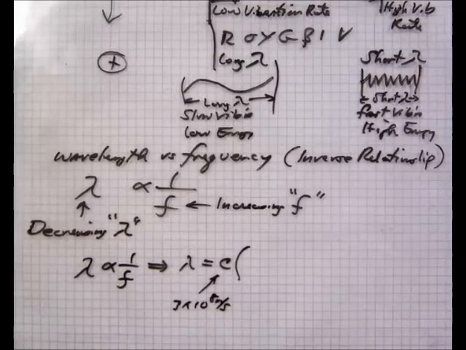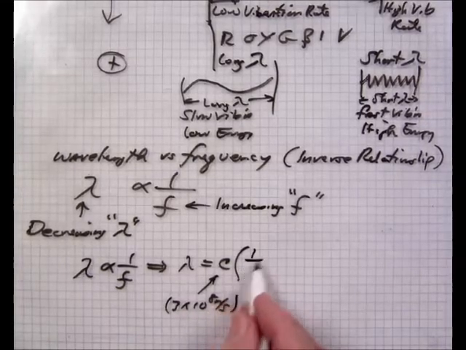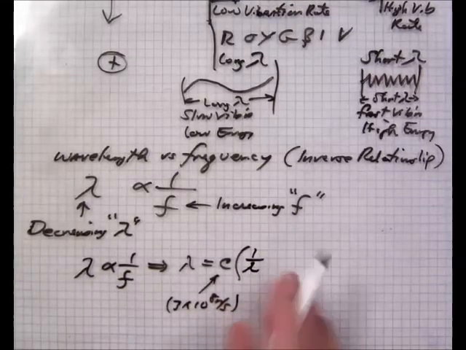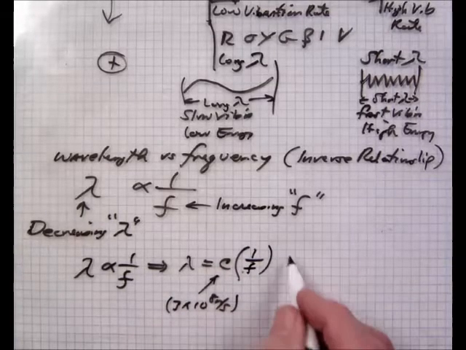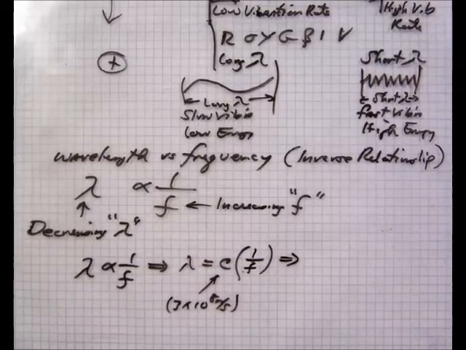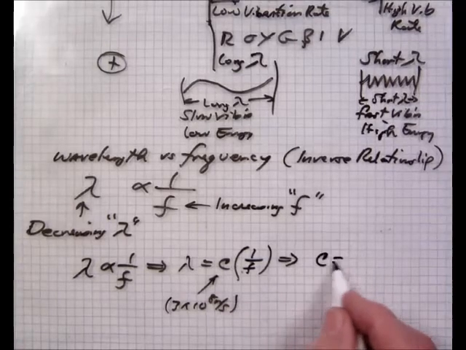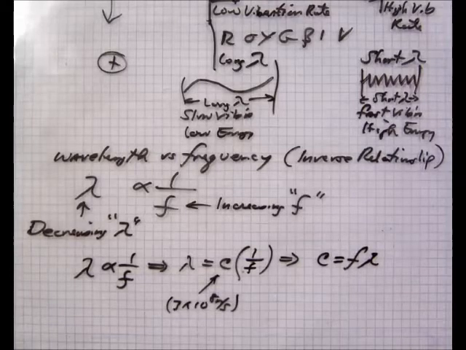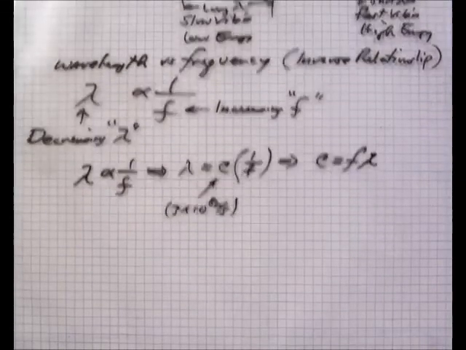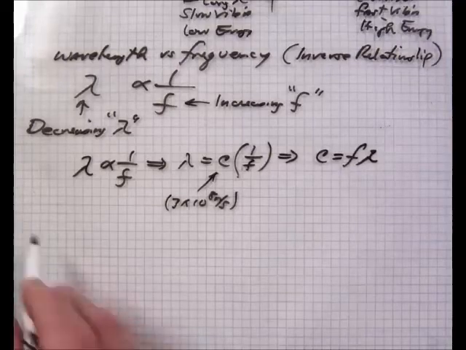I think I told you 1 times 10 to the 8th a few minutes ago, but it's 3 times 10 to the 8th meters per second. And times 1 over frequency, excuse me. Like that. And so this gives us the first equation of the electromagnetic spectrum. C equals F lambda. So if you're given frequency, you can calculate wavelength, and if you're given wavelength, you can calculate frequency here. I'll go ahead and develop all the equations because they're really straightforward.